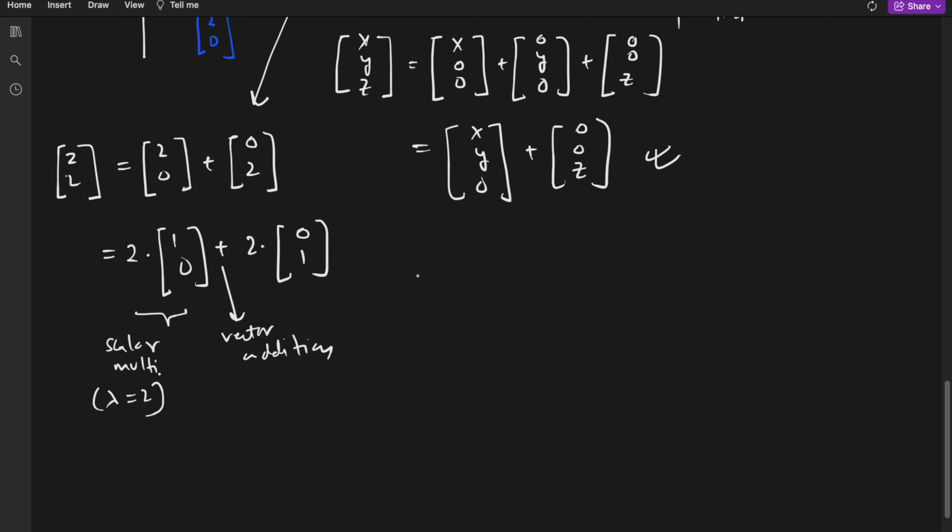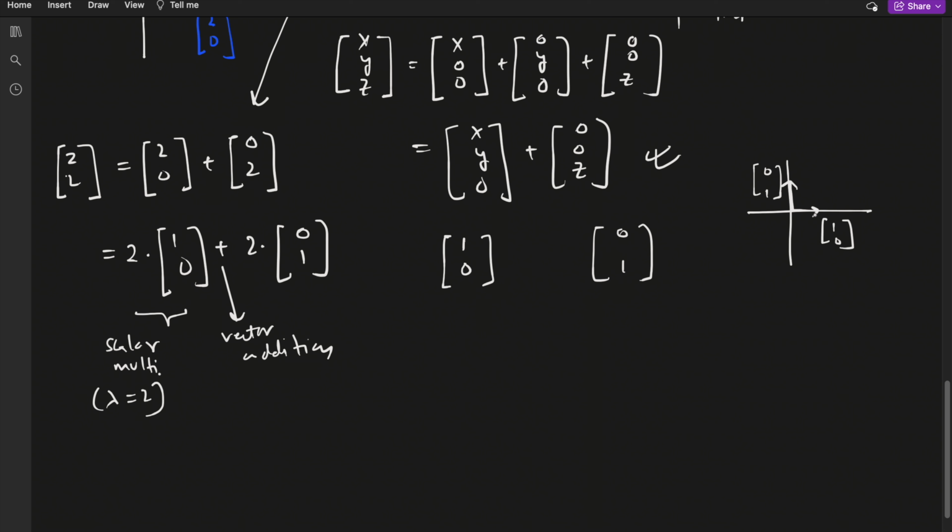So what I am doing here is I am taking two vectors, 1 0 and 0 1. I am first doing a scalar multiplication by 2, which is nothing but stretching both these unit vectors 2 times. These unit vectors are this 1 0 and this 0 1, right?